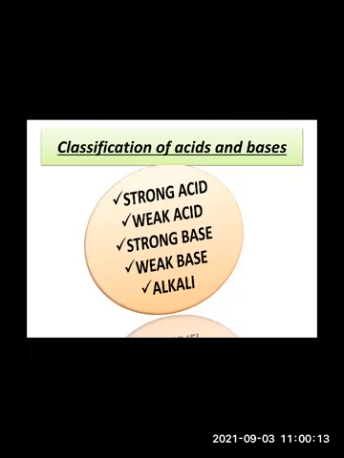So how can we define a strong acid? Strong acids are those acids which on dissolving in water dissociate almost completely, and the resulting aqueous solution contains mainly H plus ions and the concerned acidic radical. Students, did all of you understand what a strong acid is?